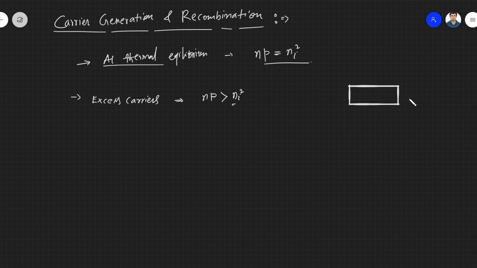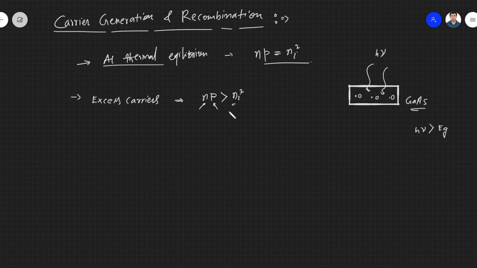If you shine light, and if h nu is greater than the band gap of gallium arsenide, these photons will get absorbed, and there will be generation of electron-hole pairs within the semiconductor. So obviously the electron concentration is higher than at thermal equilibrium, and the hole concentration is also higher.